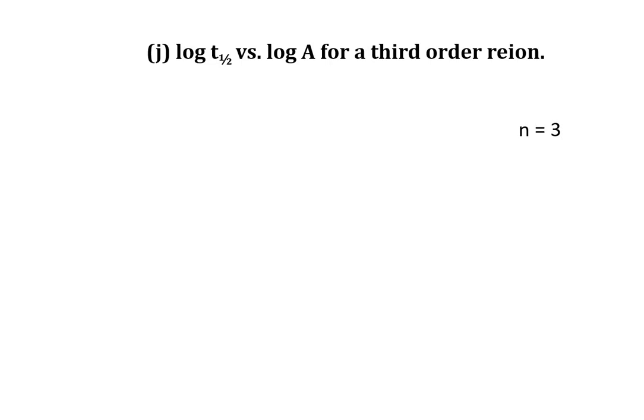The question is log t half versus log a for a third order reaction. You have to start, of course, with the general nth order expression of t half, which we have discussed in detail in the earlier session 5. And this is the t half expression.